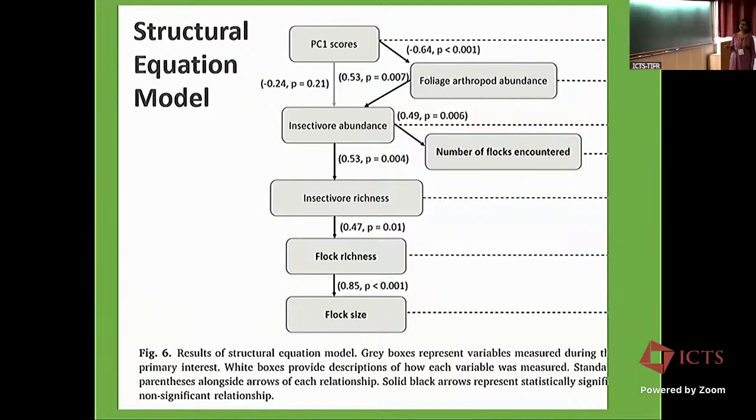So this was not affecting insectivore abundance directly, but it was affecting it through reducing insects in the forest. And that reduced the number of flocks encountered. And again, this causal pathway turned out to be true. You can see the p-values here and so on. So this is basically multivariate relationships that are tested using regression models.